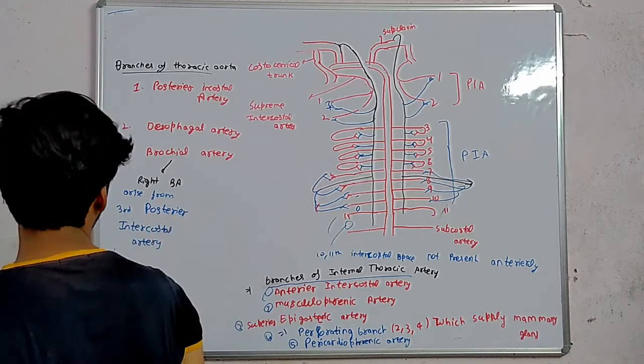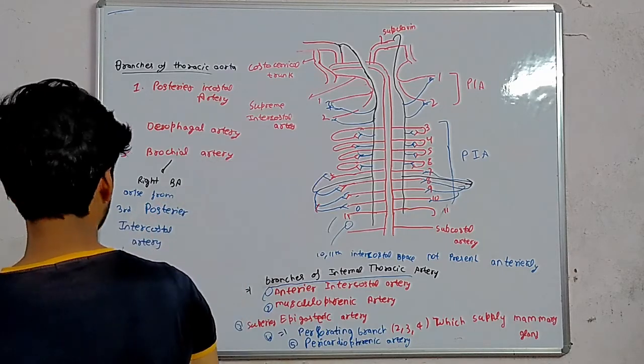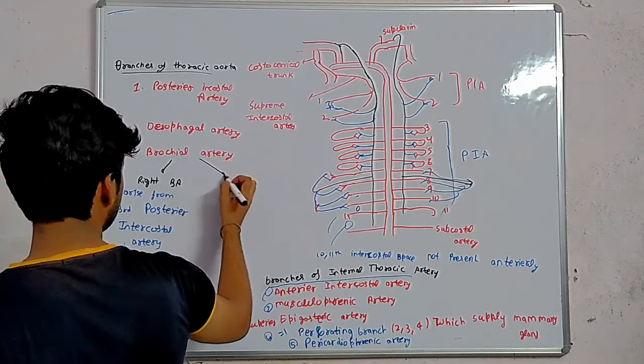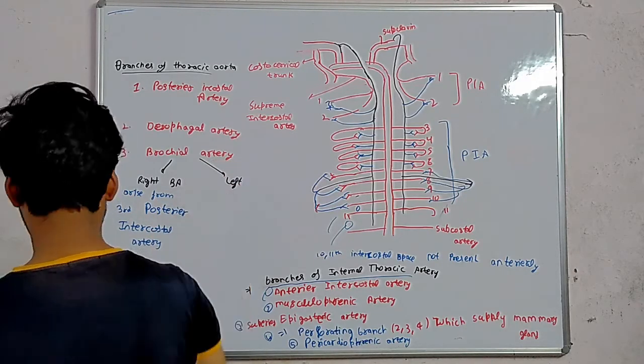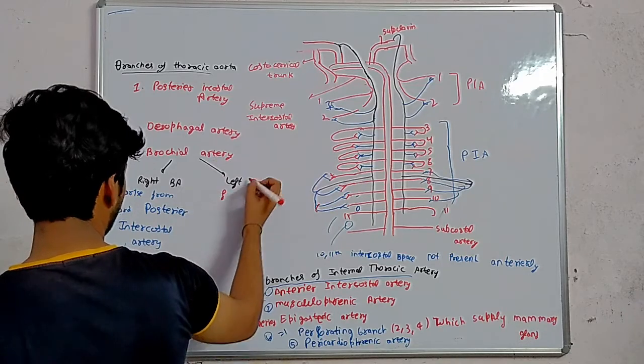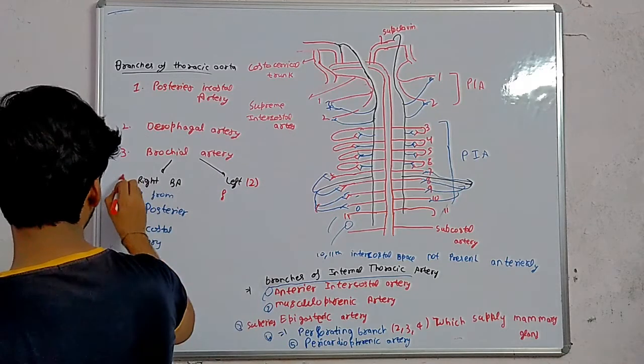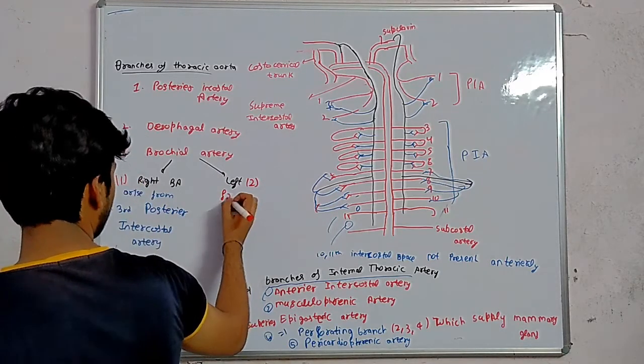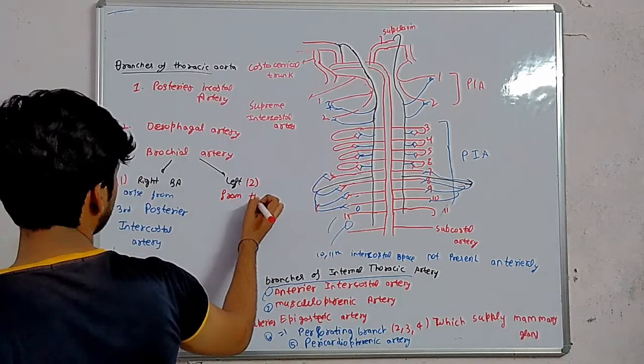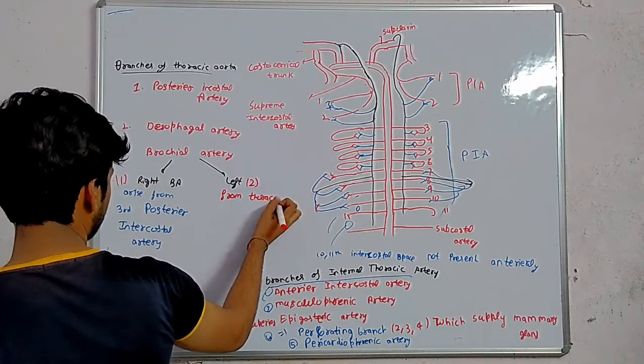On the left side there are 2. On the left side, 2 bronchial arteries are present, arising directly from the thoracic aorta.